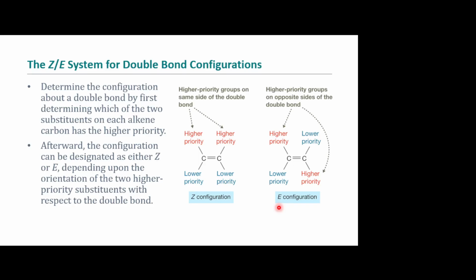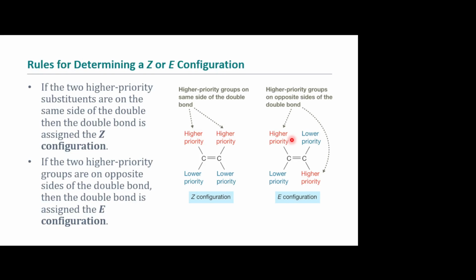E to me looks like it's denoting two different sides of an item, right? But on the same side is by far the more effective thing, which is why I use it. So remember, you're going to assign your priorities on each side of that double bond, and then you're going to assign it Z, same side, E, opposite sides of the double bond.